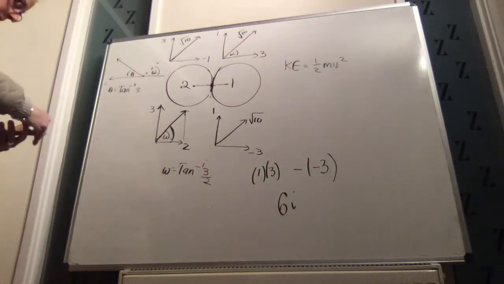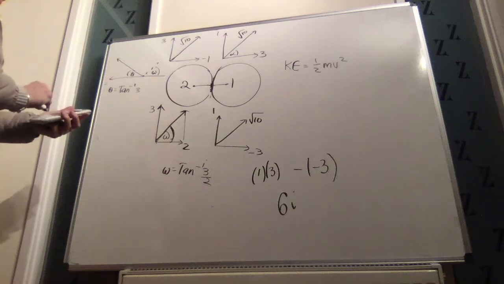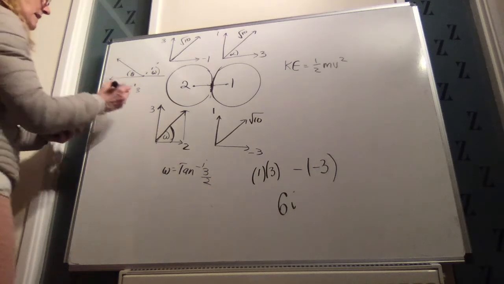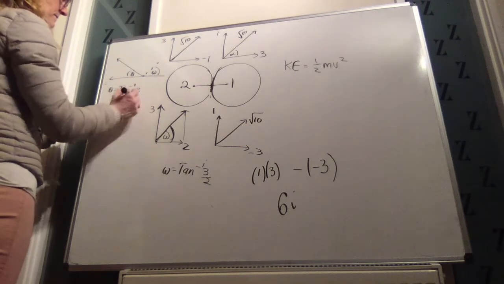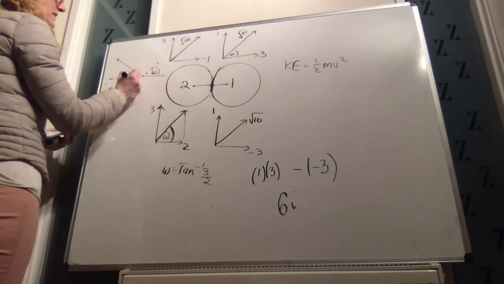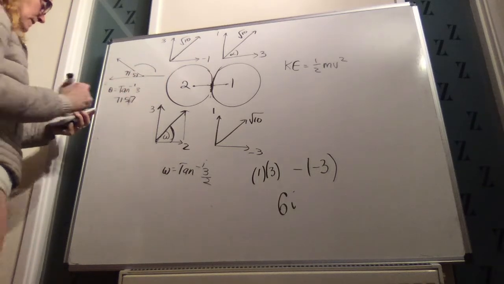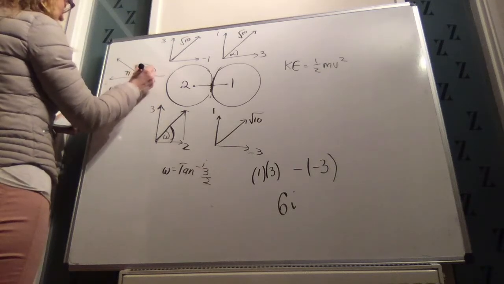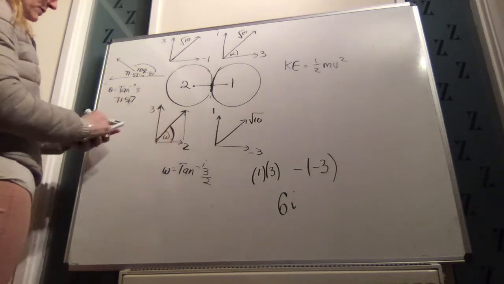The tan inverse of 3, I've set it into degrees, is 71.57 degrees. That means this angle is 71.57, which would put this angle at 108.43.